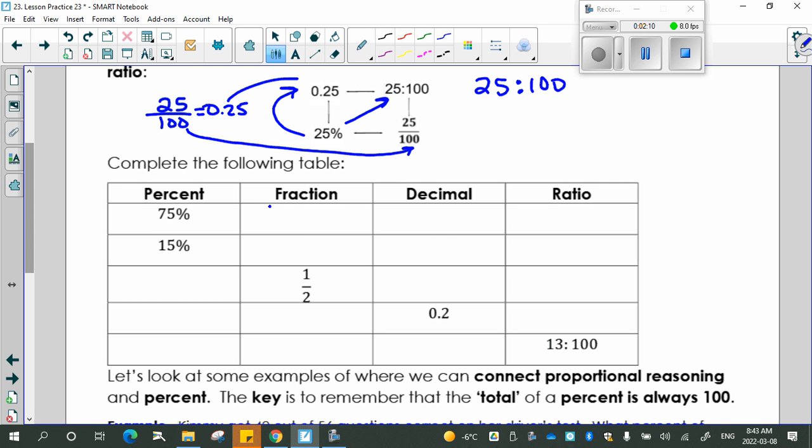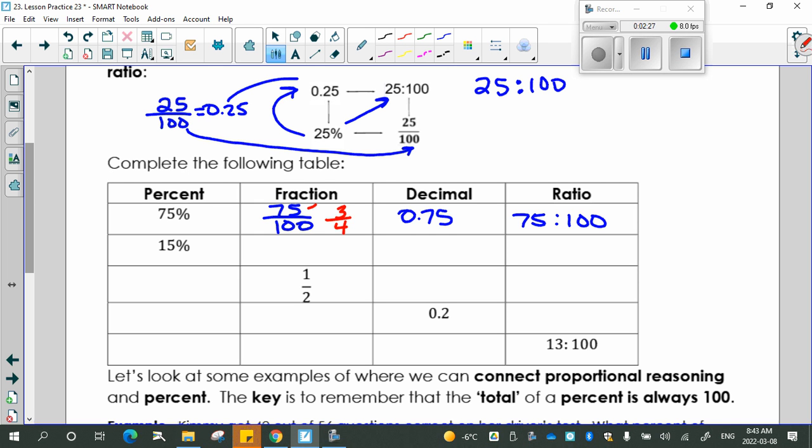Okay, so tons of people are doing the 75 out of 100 here, which is lovely. 0.75 and 75 to 100. A couple people put 3/4 here. Is that okay? Yes.